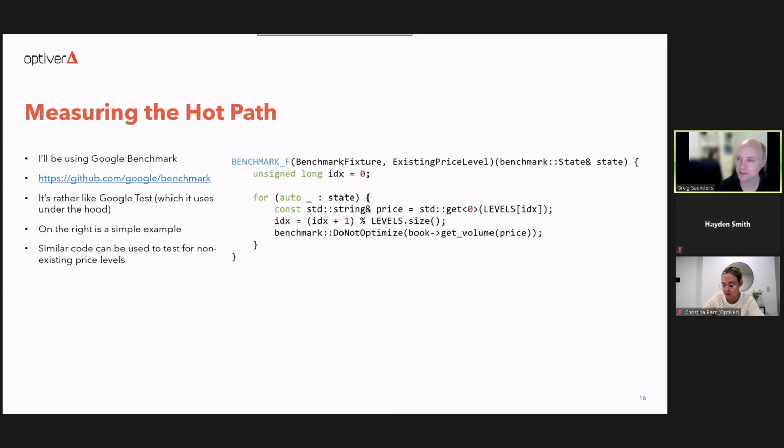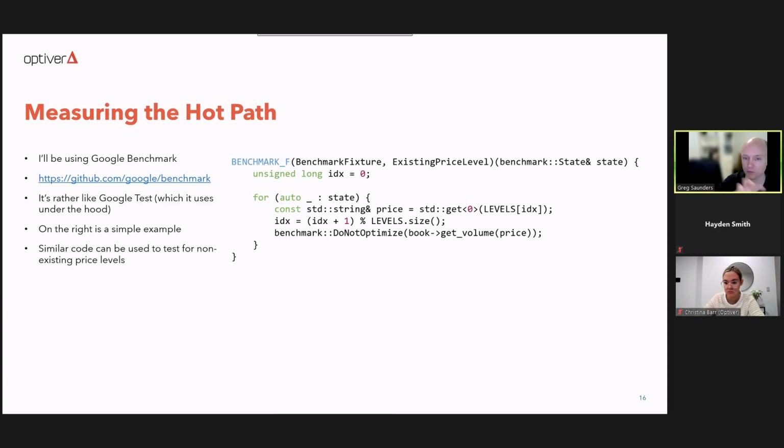Now it's obviously not doing anything with the result, but that benchmark DoNotOptimize line is telling the compiler not to discard the call to book->GetVolume, even though we're not actually using it, so that the call doesn't get optimized away. So that's going to call get volume a lot of times, measure how long it takes to run, and tell us how long that takes.